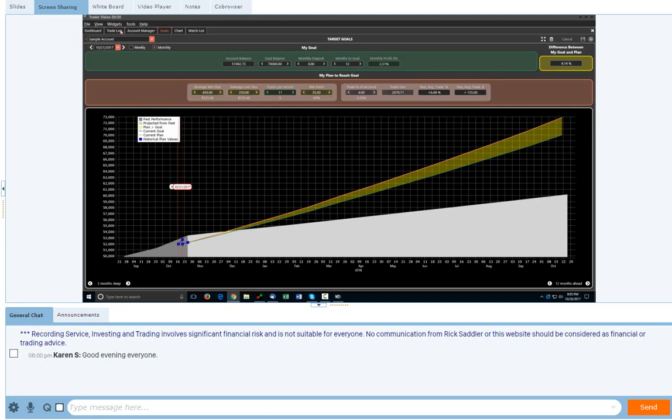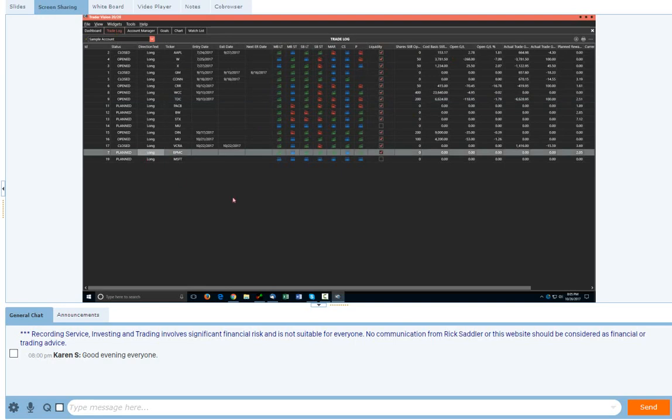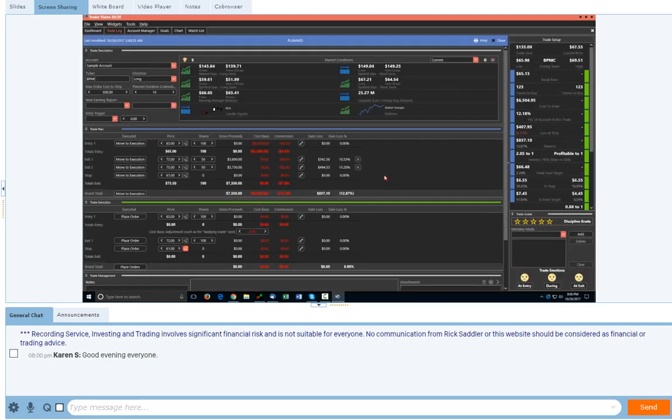The next thing that you would do is, let's go to the trade log. This is where all of your trades are logged, and you can see what's open, what's not, what's still in the planned state. And then drill down into each one of them. And this is really the heart of the entire program.